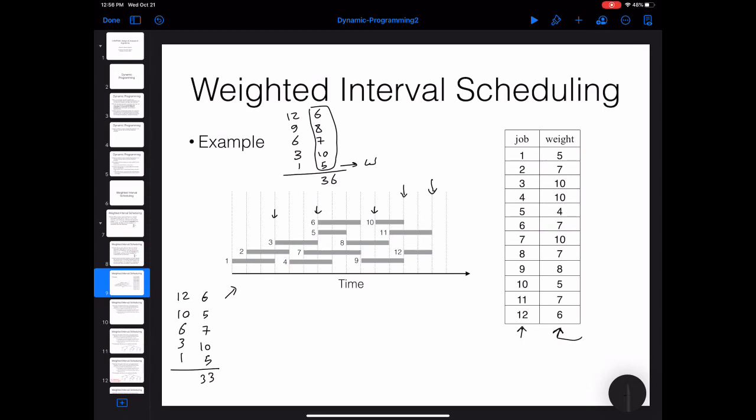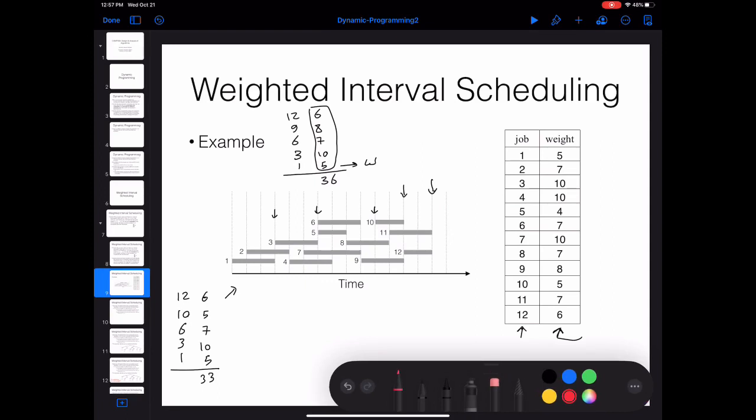Again, I'm going to start from the end and choose the latest job which is going to be finished, and if there is some tie, I'm going to choose the one that has higher weight.